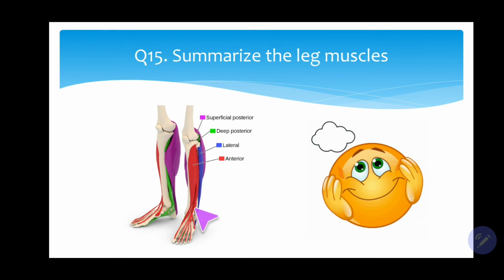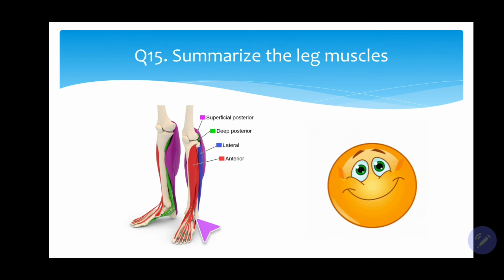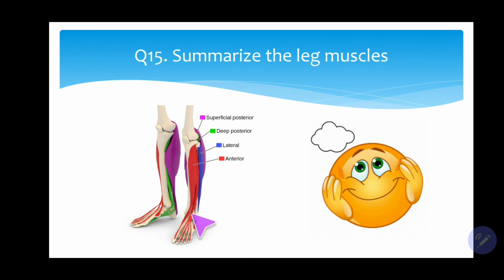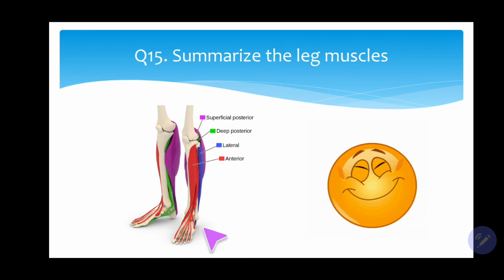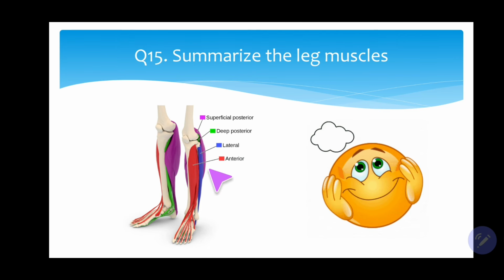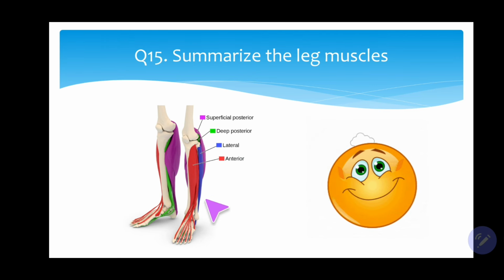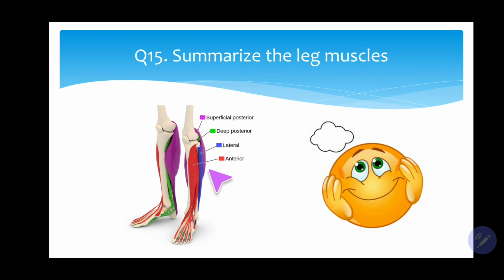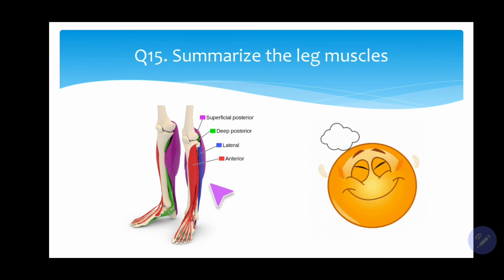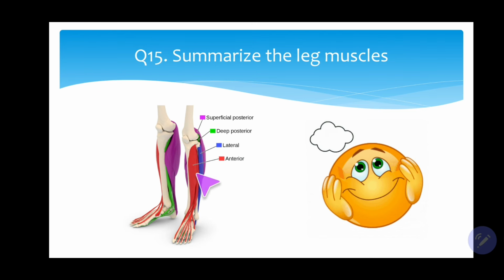Apart from extension, remember Tibialis Anterior was also an inverter, causing inversion of foot, while Peroneus Tertius was also an everter of foot, right? Then from the lateral compartment, the 2 muscles, Peroneus Longus and Brevis, both of them were causing eversion of foot, and the nerve supply for lateral compartment was superficial peroneal nerve. For the front of leg, it was deep peroneal nerve.